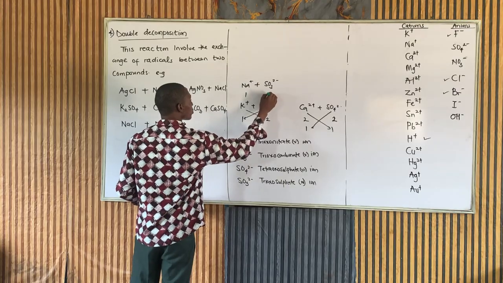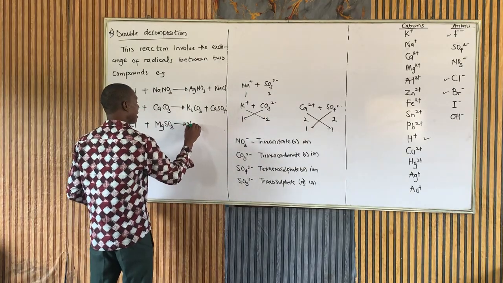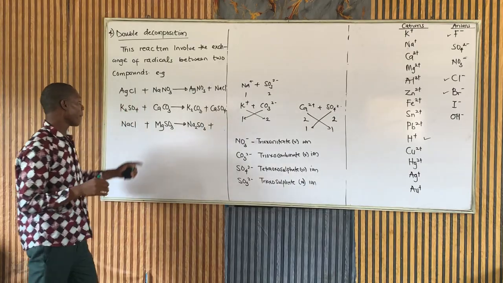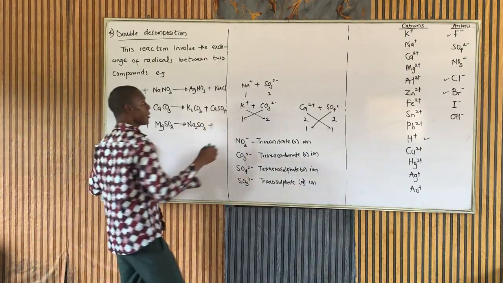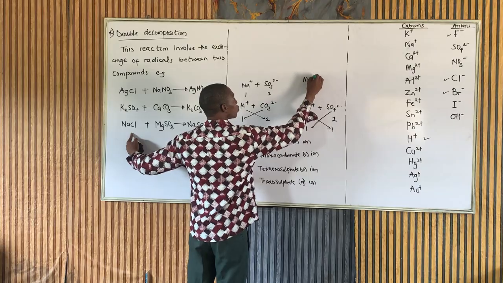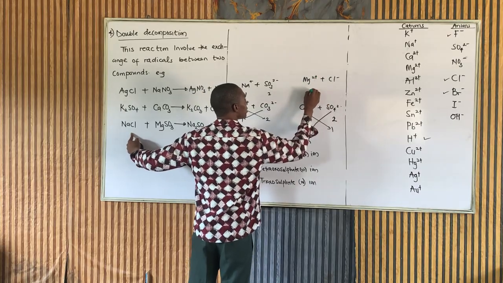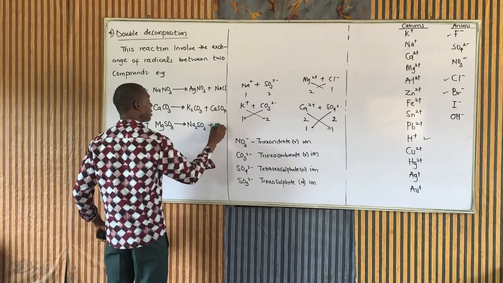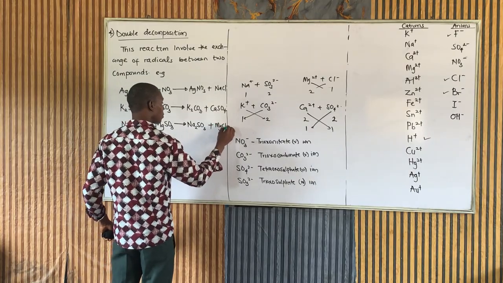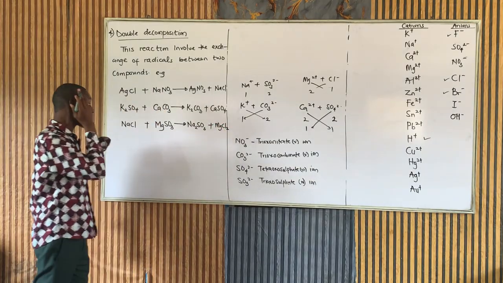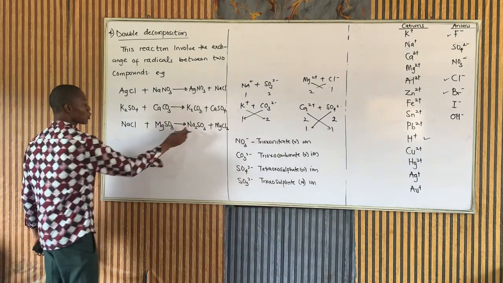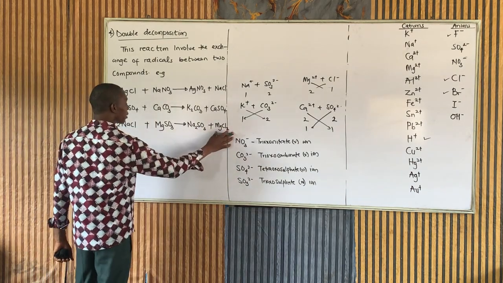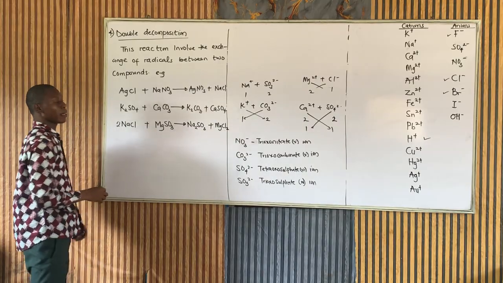This is 1 and this is 2. You're going to have Na2SO3 plus, now magnesium is going to combine with chlorine, Mg 2 plus, chlorine minus, this is 2, this is 1. This is going to be MgCl2. And so that's that. And then you try to balance the equation. Where 2 sodium is used here, you put 2 here, 2 chlorine now, and then 2 chlorine. So the equation is balanced.